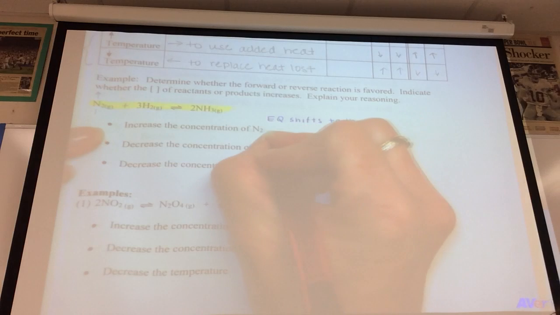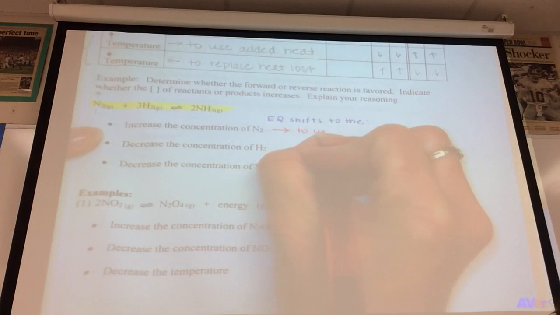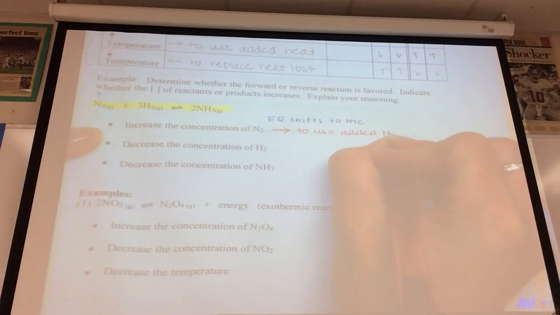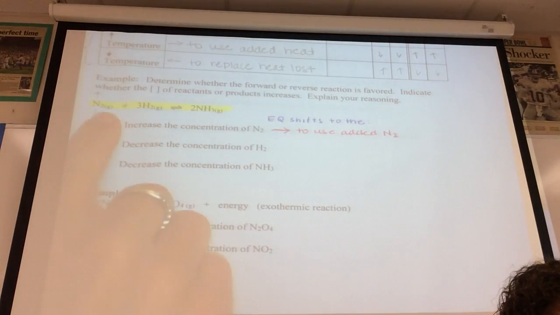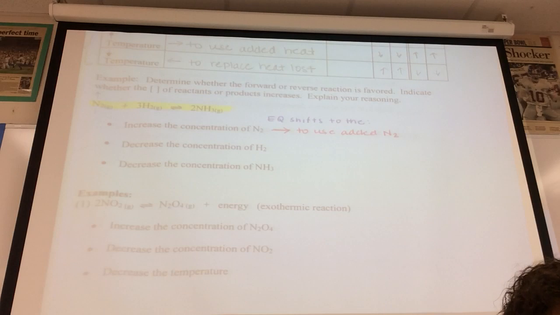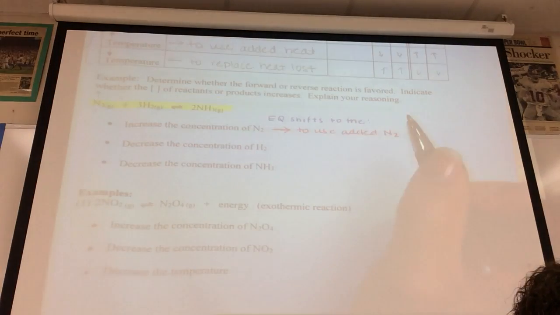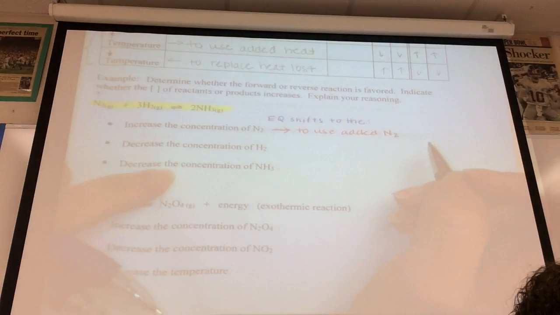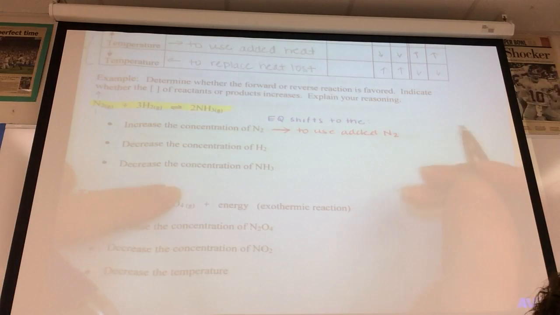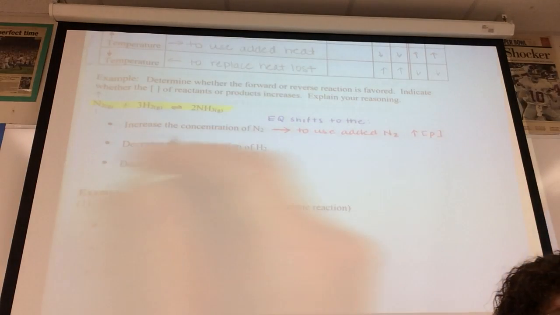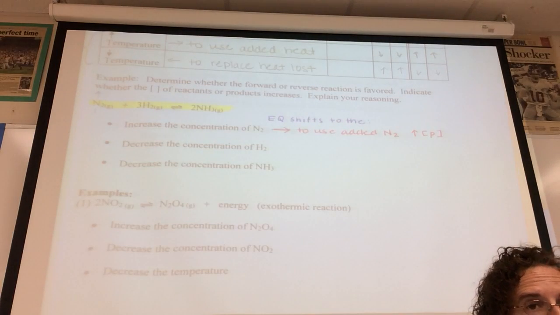Equilibrium would shift in the forward direction, or to the right, to use added nitrogen gas. When equilibrium shifts in the forward direction, what happens to... no, it says indicate whether the concentration of reactants or products increases. So what increases, reactants or products? Products. So you'd get an increase in product concentration because ammonia would get generated.